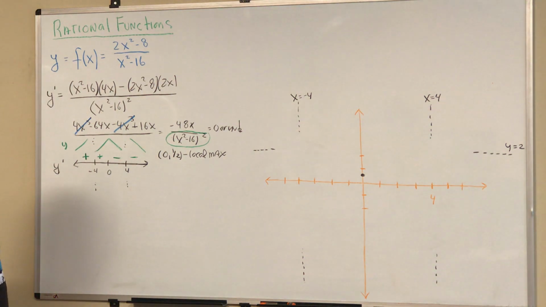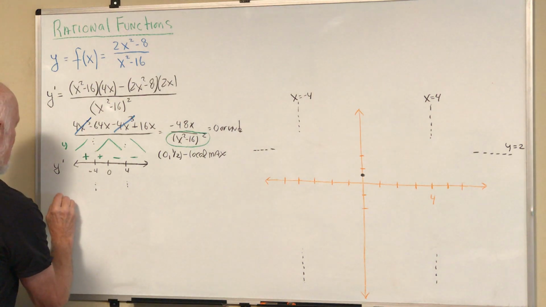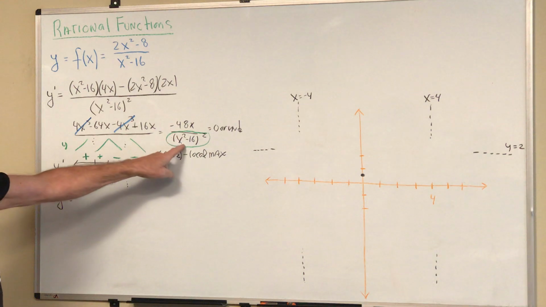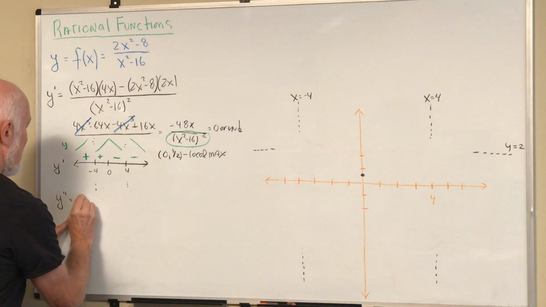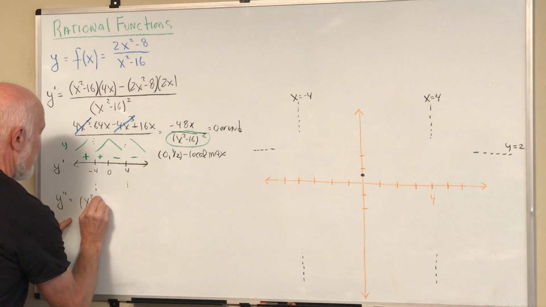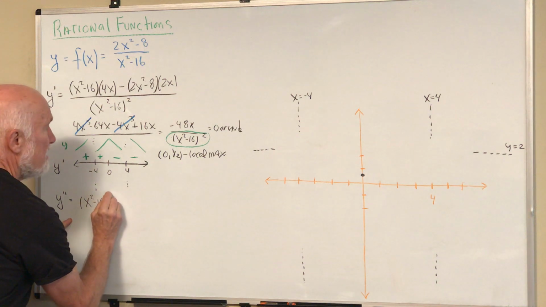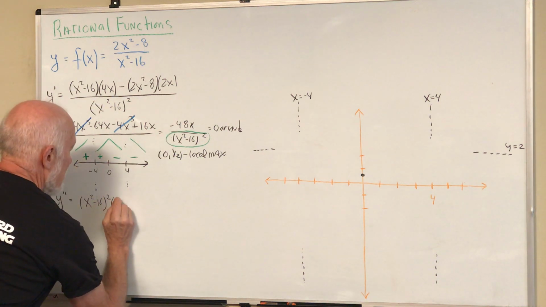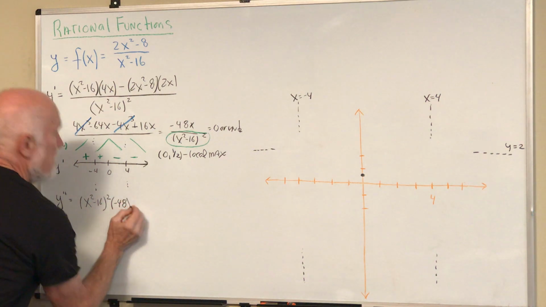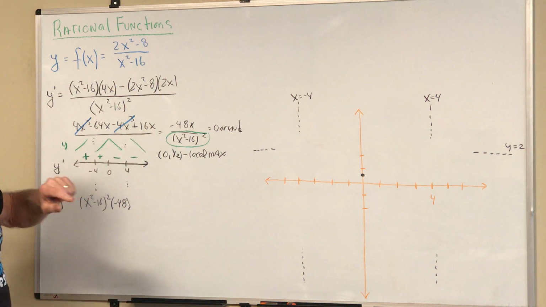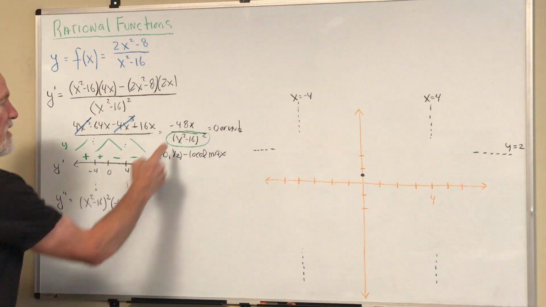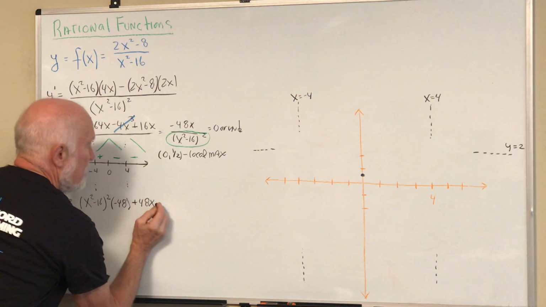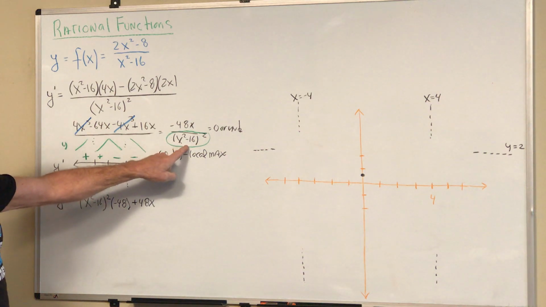Then we're ready to go to the second derivative. We get to do the quotient rule again. So we start out x squared minus 16 squared times the derivative of the numerator, minus high, so that means plus 48x, d low.